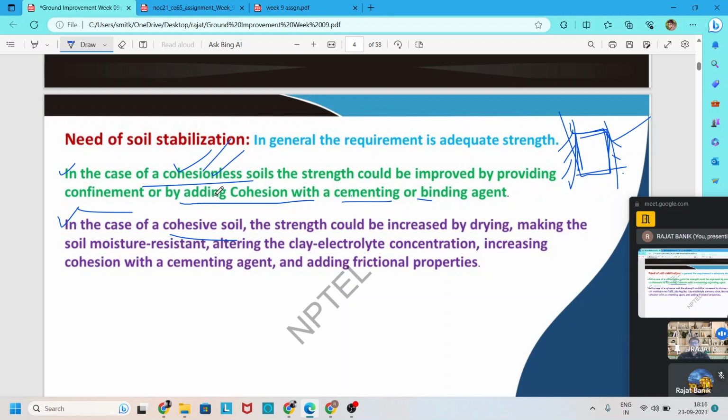So to improve cohesive soil, we add some material which increases the frictional properties. Also, most cohesive soil is less permeable or impermeable in nature, so it tries to absorb or contain more water, which is not suitable for our construction purpose.